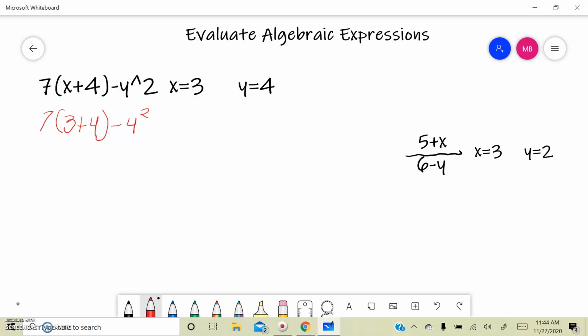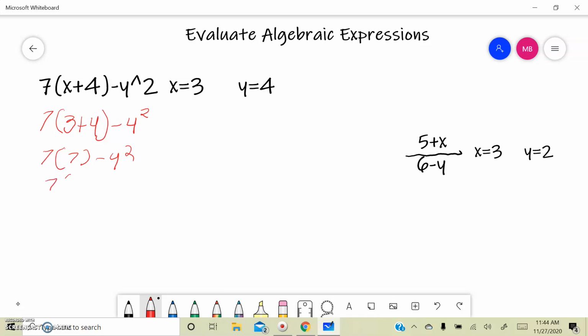Now, it is just order of operations from here. So I'm going to do my grouping symbols first, the parentheses. So I have 7 times 7, because 3 plus 4 is 7, minus 4 squared. My next order of operation would be the exponent.